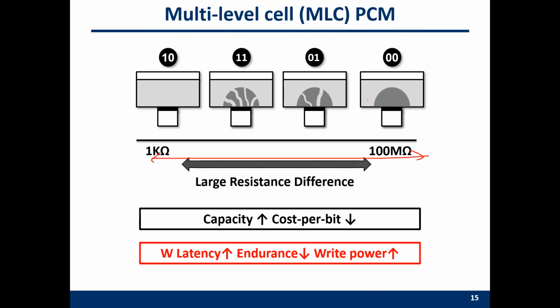You just create an amorphous state, and then you create some crystalline filaments on the amorphous fraction. In this way, you can have 10K ohm, 1 mega ohm. By these resistance states, you can record more than 1 bit in one cell.